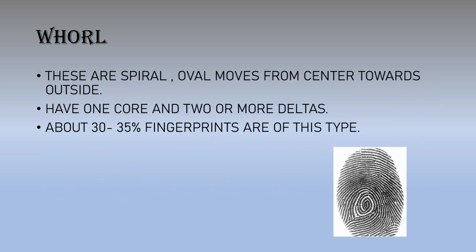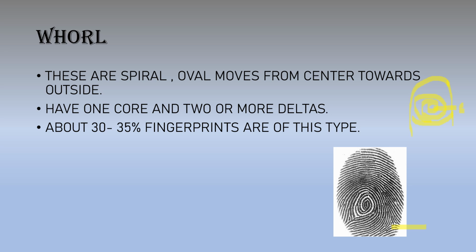Now the whorl pattern. These are like spirals or circles. They have a center and they move out from the center towards the outside in the fingerprint. In a whorl, there is one core. This is the core, and at some point of the finger, there may be one or two deltas. They are here in this picture.